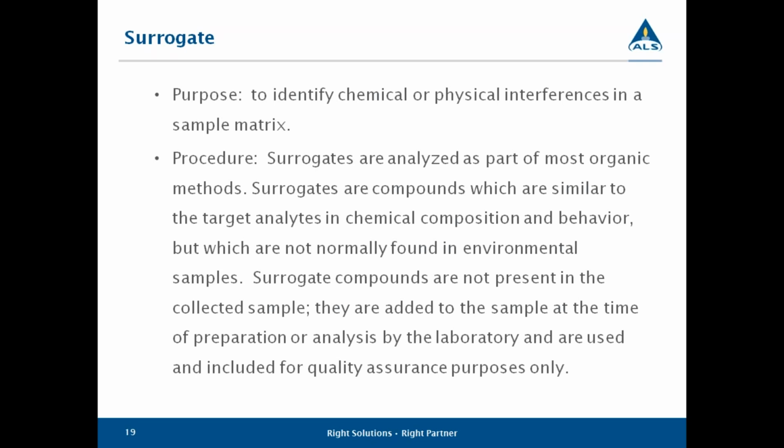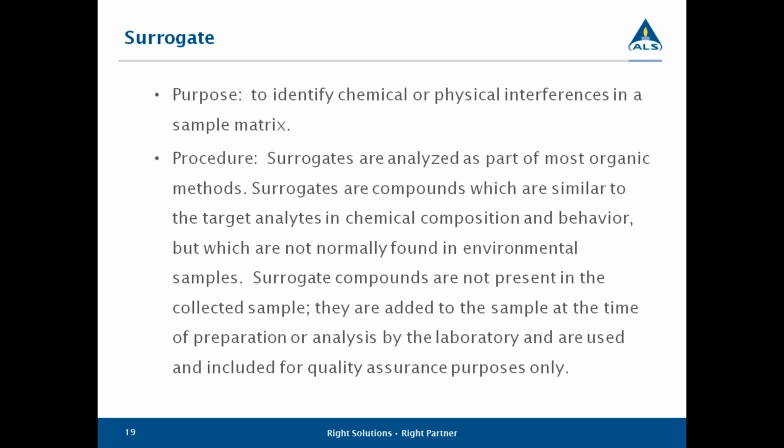This is specific to organics, but we're taking an amount of sample and spiking it with compounds that are not normally found in the environment but have a similar chemical composition and behavior. The surrogate compounds are presumed to not be present in the collected samples, and they're added at the time of preparation and analysis. This is included for quality assurance purposes only.